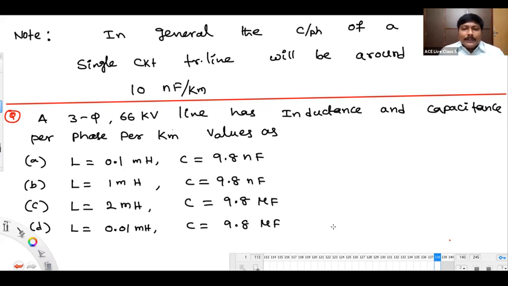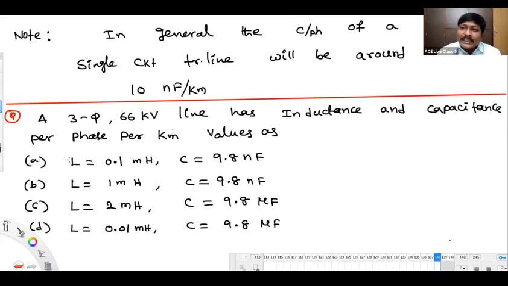Sometimes in examinations you can observe a question of this kind, and many people will say it's improper data. They have not given any radius of conductors or distance between conductors to calculate inductance and capacitance. How can I say the inductance and capacitance of that line? We have to go with an approximation.